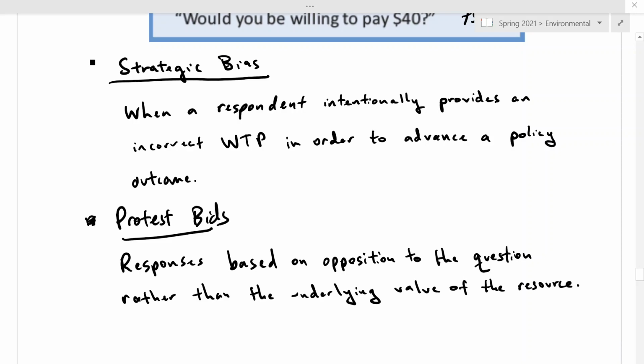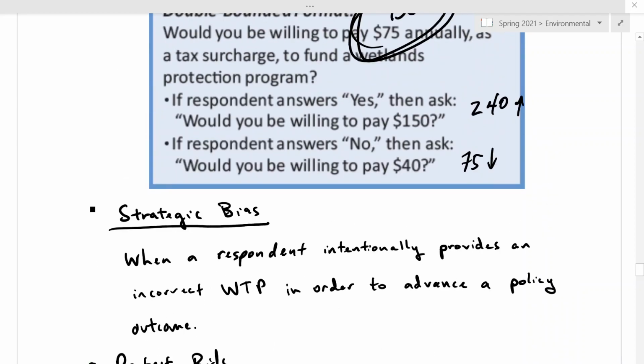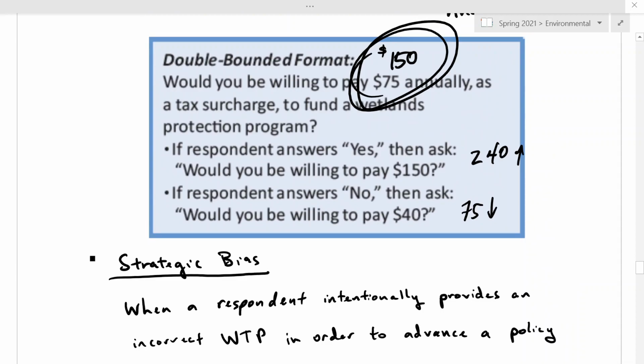Okay, and so here we're thinking about a couple examples. Somebody gets a survey, and it asks if they're willing to pay a $75 tax annually to protect the wetlands.